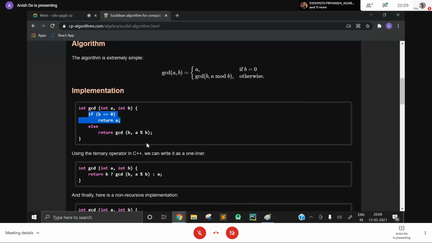Otherwise, we calculate GCD of A comma B as GCD of B comma A mod B, doing this until we get the base result of 0, and we return that.